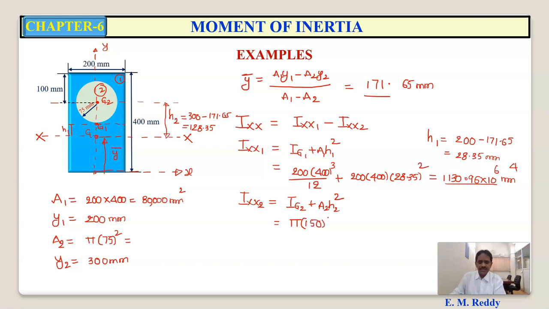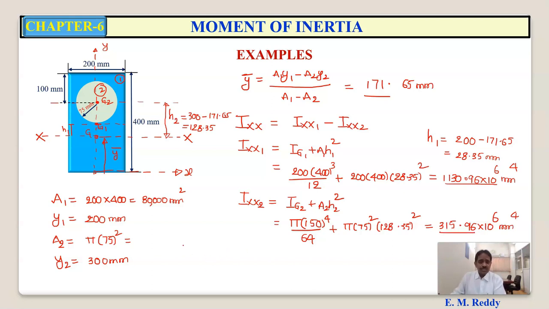So pi d raised to 4 by 64 plus area, it is pi r square, 75 square into H2 square, that is 128.35 square. So this gives you 315.96 into 10 raised to 6 mm raised to 4, right?